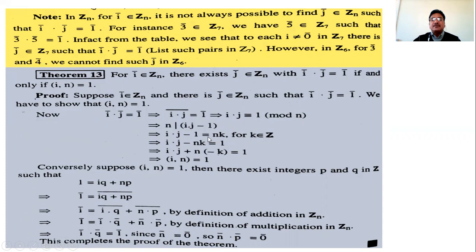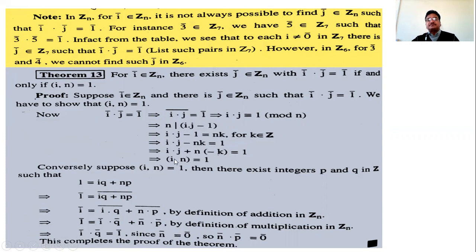I into j minus 1 is expressed as n into k for some k belonging to the integers. And then I into j minus n into k, shift this n k to the left side and minus 1 to the right side. And then write this as I into j plus n into minus k, right? Absorb this minus sign at this place, is equal to 1.